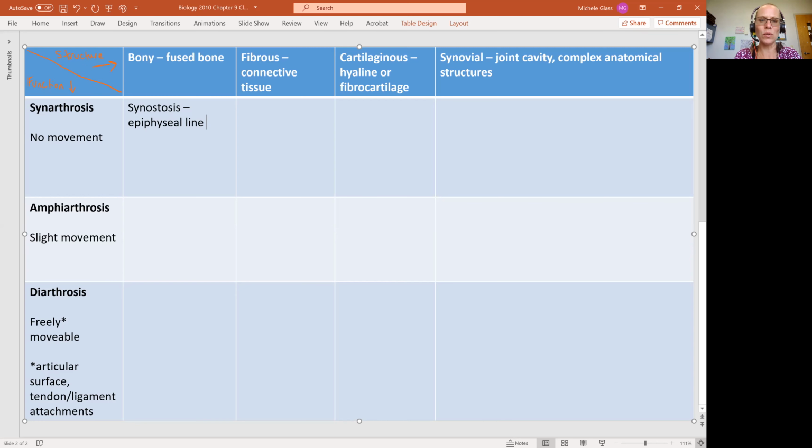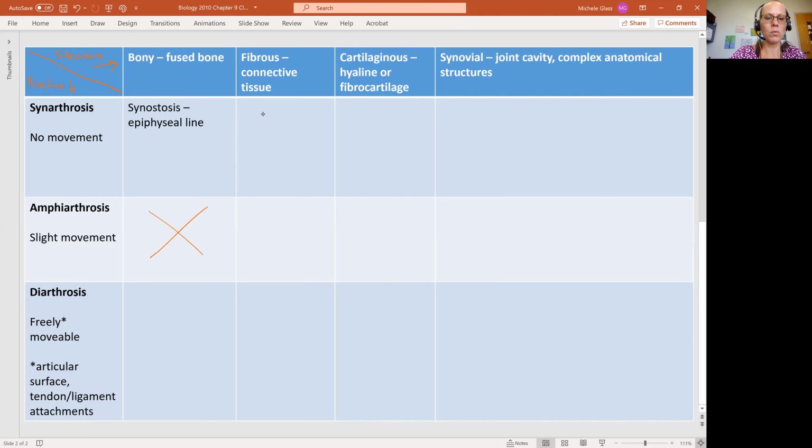So this would be a great example of a synostosis. And that's it for bony. If you have bone fused to bone, you're not going to have slight or free movement, right? So these boxes here will be empty.